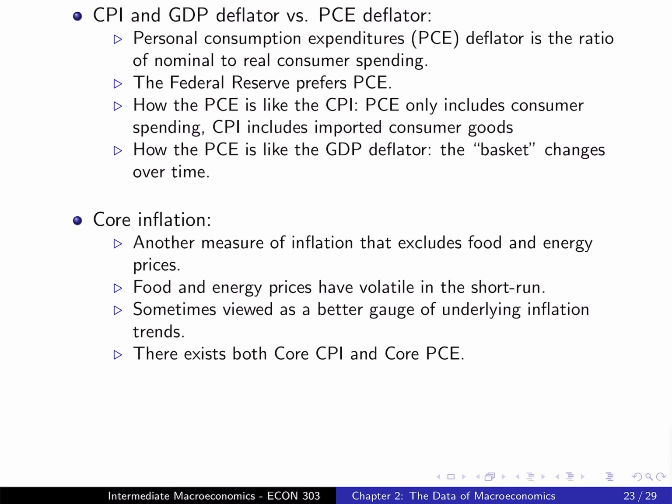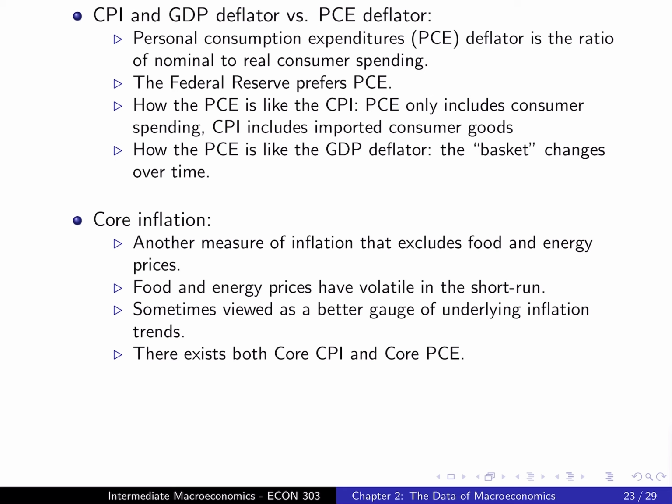Let's explore two additional concepts, the PCE deflator and core inflation, and how they relate to CPI and the GDP deflator. CPI and GDP deflator versus PCE deflator. The personal consumption expenditures PCE deflator is the ratio of nominal to real consumer spending. The Federal Reserve prefers the PCE deflator when targeting inflation due to its broader and more flexible coverage.